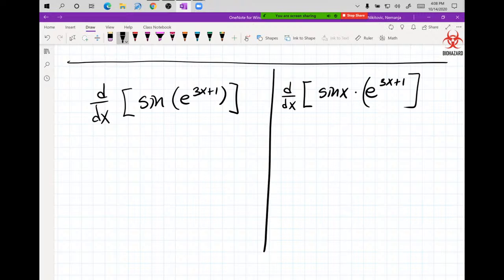I mean, you can put this one in parentheses as well, whatever. Now, if there are no parentheses, just like this, would anyone volunteer to tell me what is the difference between these two problems?